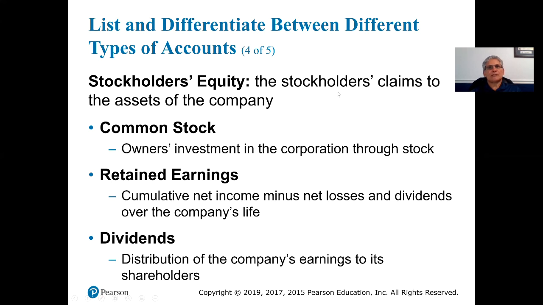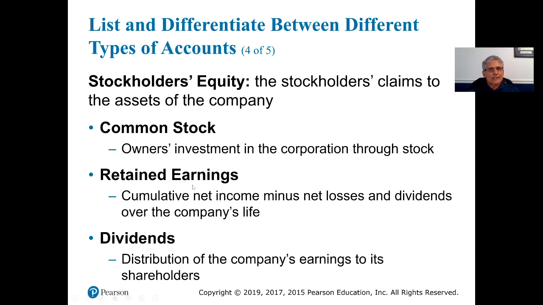Stockholders' equity section, the claims. The stockholders' claim, and when we see stockholders, we mean owners. The stockholders' claim to the assets. You have common stock, which is the owner's investment in the corporation through stock. Retained earnings, cumulative net income minus net losses and dividends over the company's life, and then dividends.